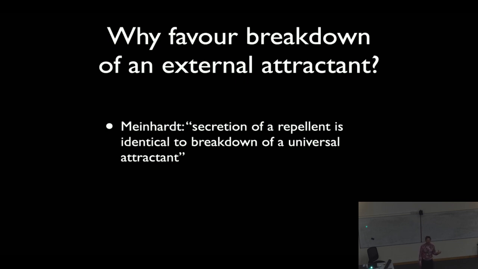Hans Meinhardt, who's one of the pioneers in the field of theoretical biology and gradients, said that secretion of a substance that's repellent is exactly the same as breaking down an attractant. And the thing is, that's true if you're a mathematician and these substances are continuous. But if you have a substance that is detected by receptors, it's not true anymore because receptors saturate.